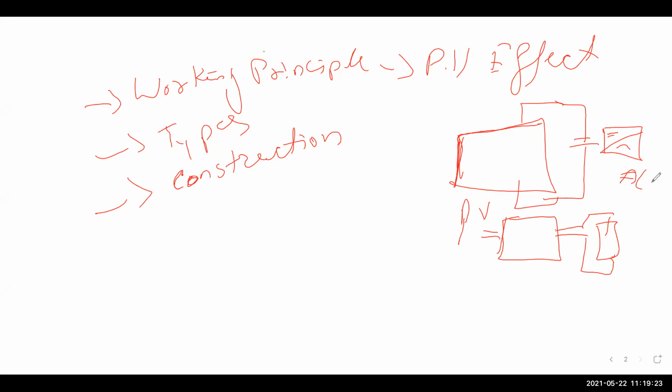So these are the things. Whenever you purchase for your household purpose, you will get a PV panel, solar charger and inverter.